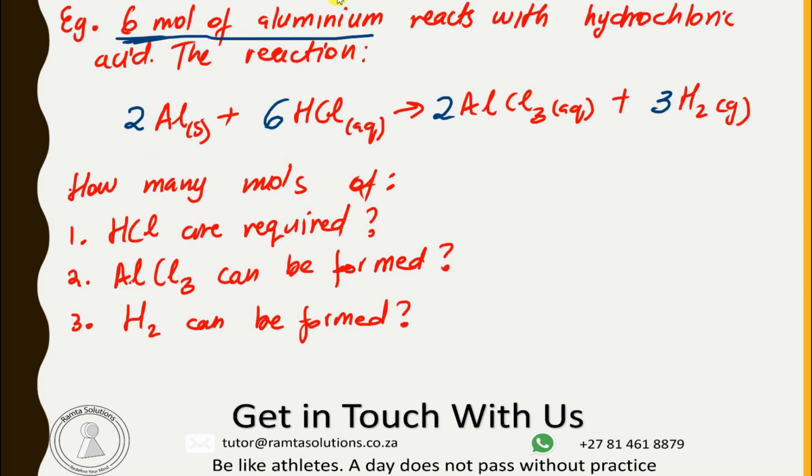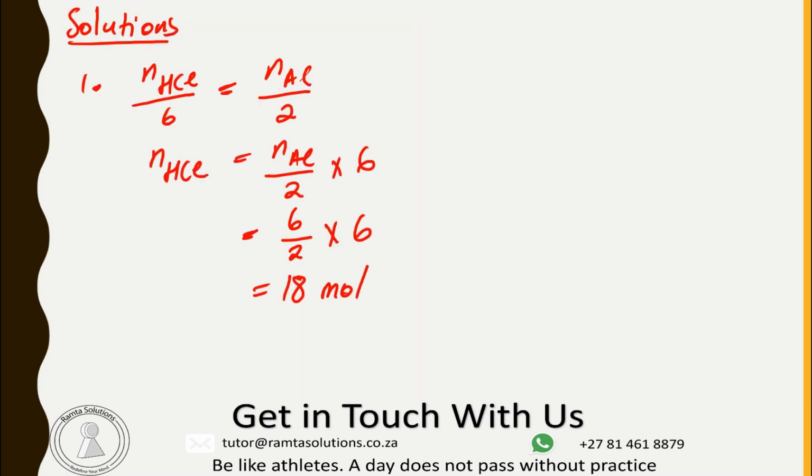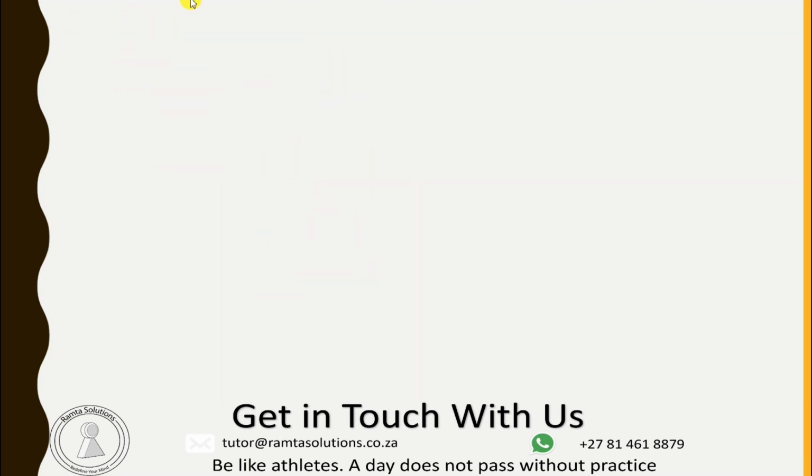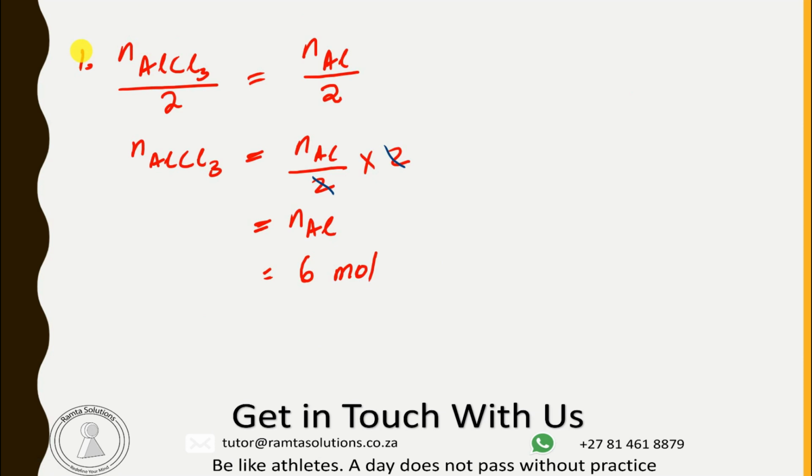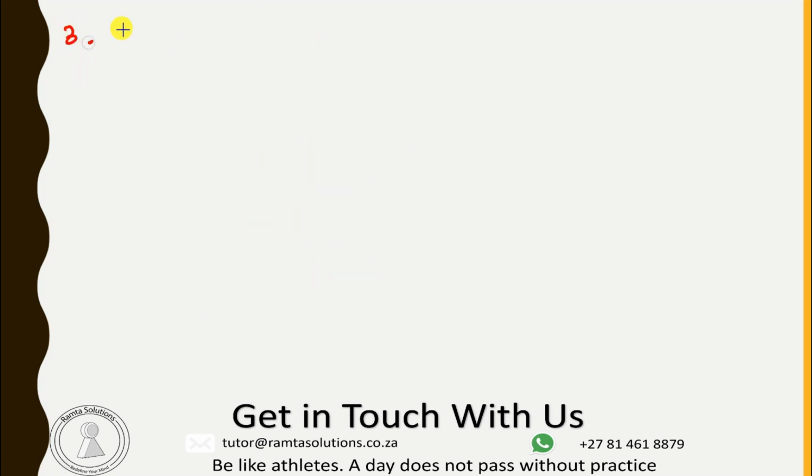Now, the third question, the number of moles of hydrogen gas that can be formed. So this was number 2, now number 3. The number of moles of hydrogen gas over the coefficient, what was it?